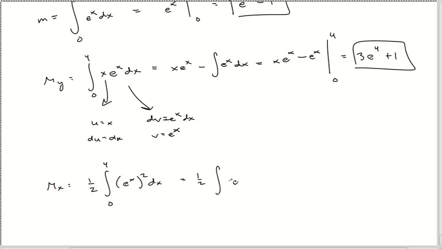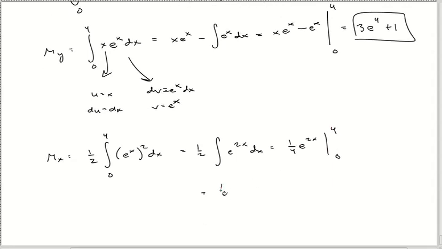So what you actually have is e to the 2x dx. And so when you integrate, you have to do the u substitution, I guess. But in the end, honestly, you're just dividing by a 2, from 0 to 4. And so my final answer here is 1/4 e to the 8 minus 1/4.